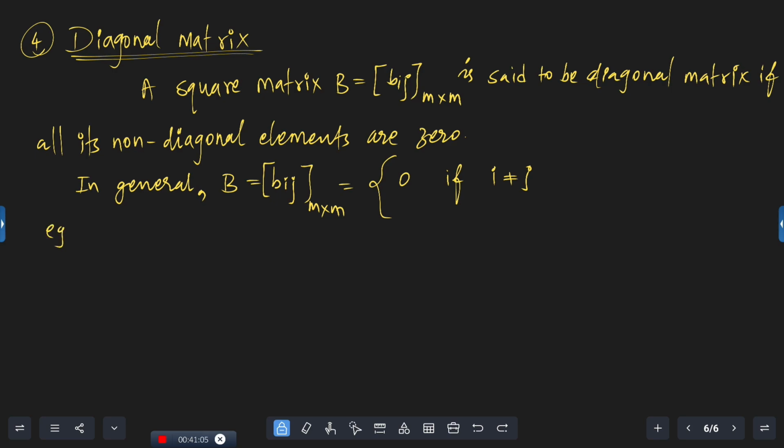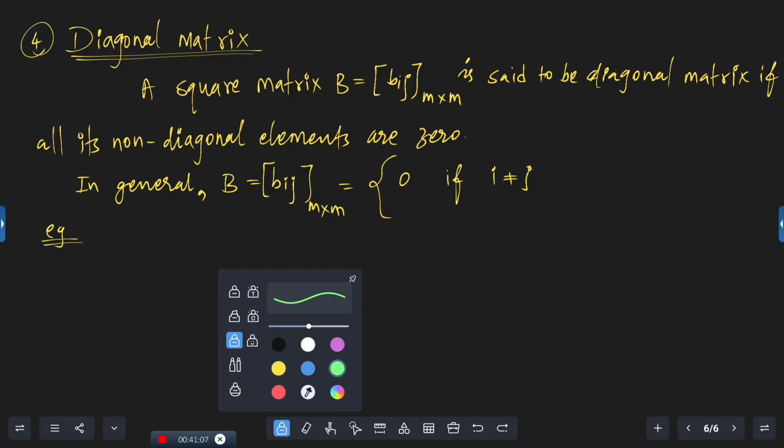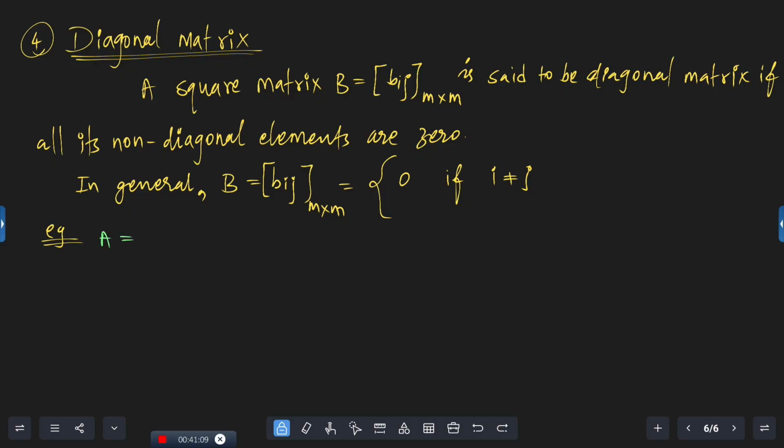Example. A matrix equal to 9. When you write a one by one matrix it is not an issue, because the entry is not 0, so 9 is the diagonal entry. B matrix equal to 2 0 0 5.